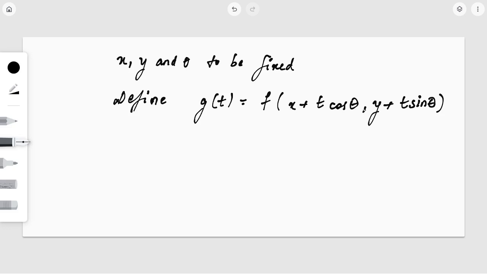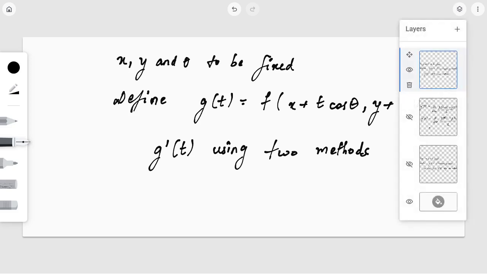Now as x, y and theta are fixed, clearly g is a function of only t. We are going to determine g dash of t using two methods. One is using the normal definition of the derivative, and the other is by using the chain rule.